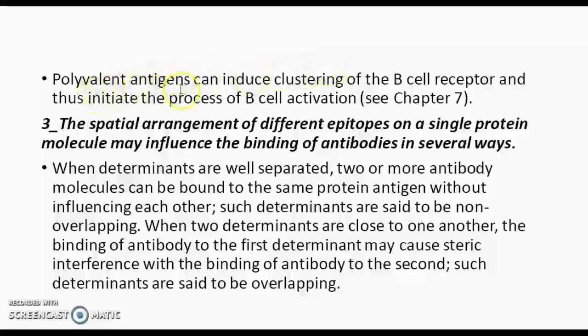Polyvalent antigens can induce clustering of B cell receptors and thus initiate the process of B cell activation. The spatial arrangement of different epitopes on a single protein molecule may influence the binding of antibodies in several ways. Here we call it overlapping, when the epitopes are in proximity to each other.